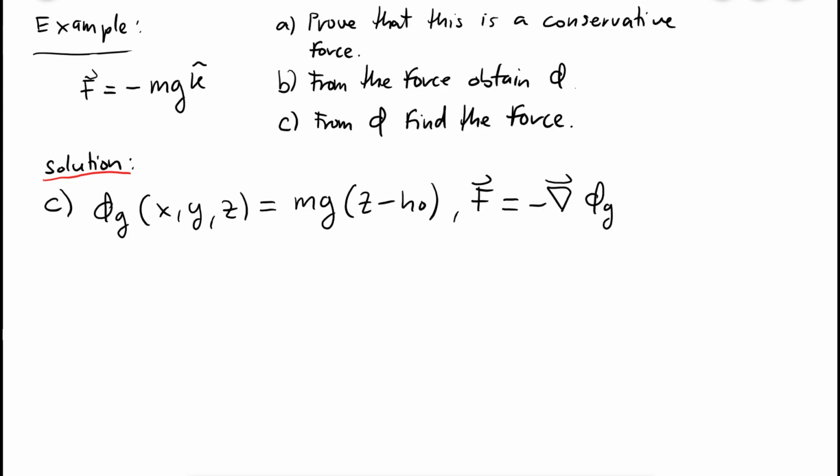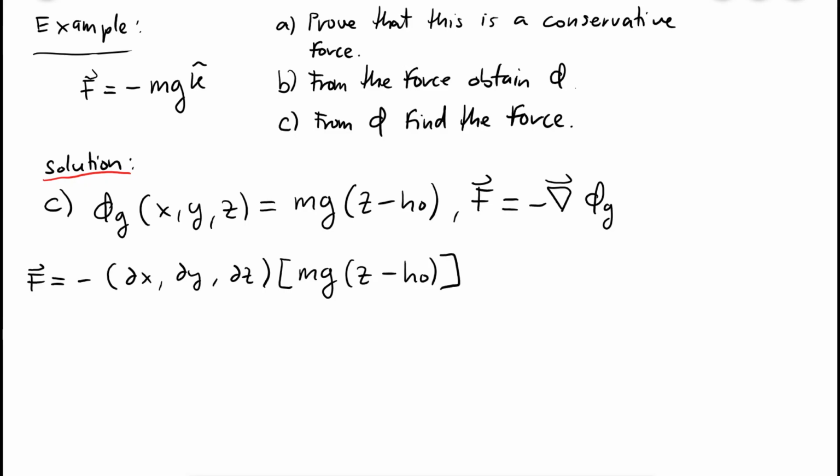Now remember that this gradient is going to be equal to the partial derivative with respect to x, partial derivative with respect to y, partial derivative with respect to z, and you must take these partial derivatives of the potential energy function. So this is the derivative of this expression, and you can write it in several ways.